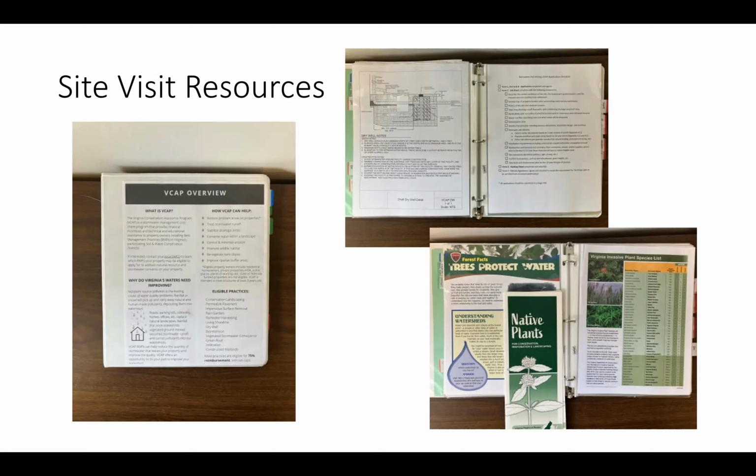I want to pick up on something you mentioned, Megan, about the invasive species. Something that I've taken as a habit most recently is, if there's going to be a vegetated practice like conservation landscaping, I want to look around that property, and if I see in the tree line there's bittersweet climbing the trees, or English ivy, or the ground is covered with stilt grass, just some of those common invasives, that's something you can show to the property owner and say, this is going to be your maintenance.